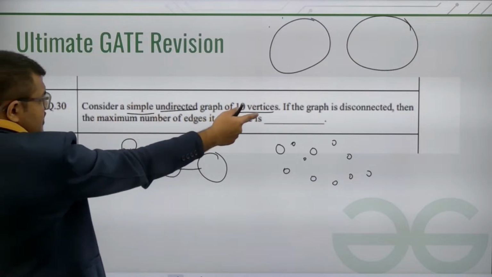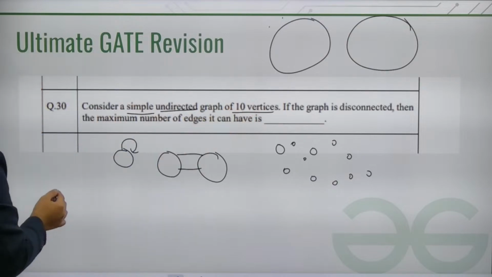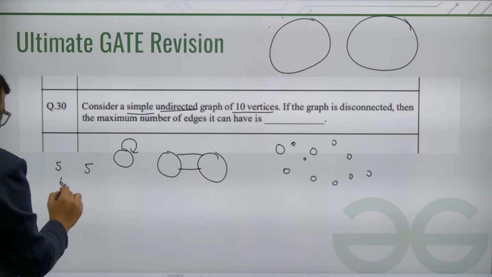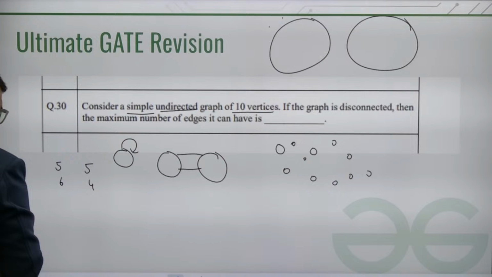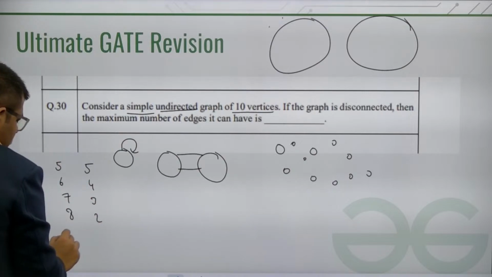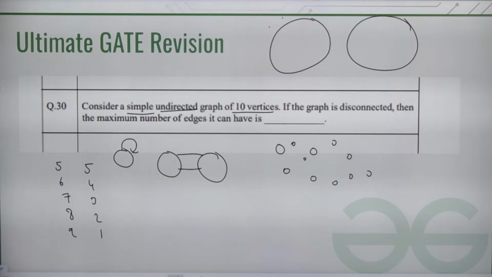So how can I divide these 10 vertices into two parts? I can put 5 vertices in one and 5 in another, or 6 in one and 4 in another, 7 in one and 3 in another, 8 in one and 2 in another, 9 in one and 1 in another. How many edges would there be?